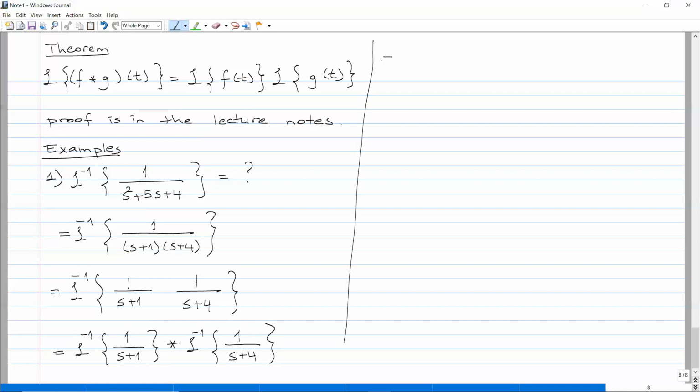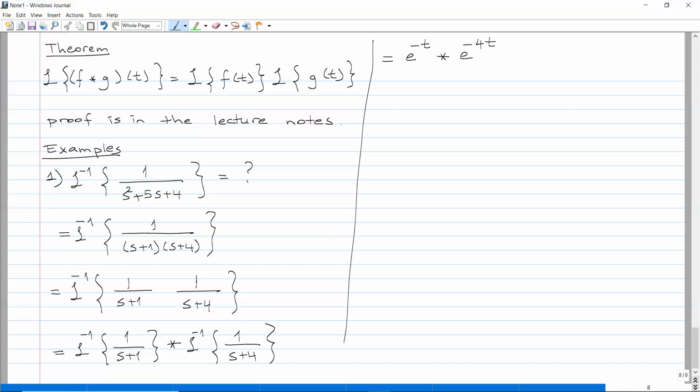Okay, what is the inverse Laplace of 1 over s plus 1? It is e to the minus t. Convolution, e to the minus 4t, right? 1 over s plus 4 is the Laplace of e to the minus 4t.